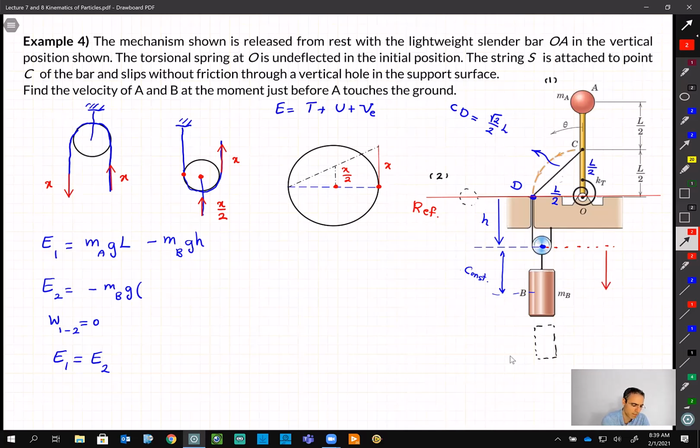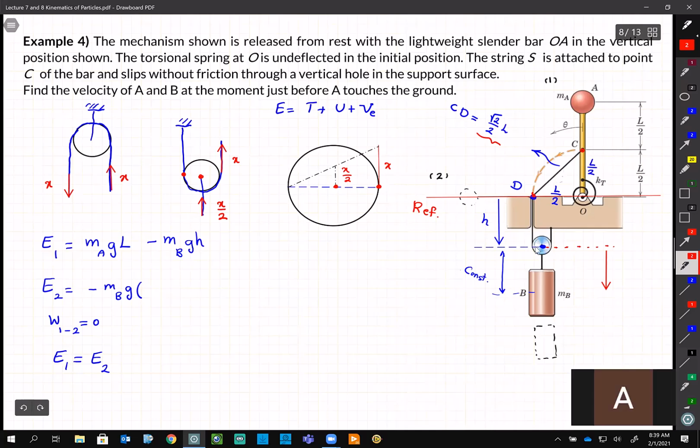So let's think about it for a moment. If this point C comes to point D, it means the length of the rope is going to increase by this amount, right? Do you guys agree? Because we found the length of this rope from C to D to be this amount. Now everything's coming down. We just said whatever one side of this pulley is changing, the center is going to be half of that.